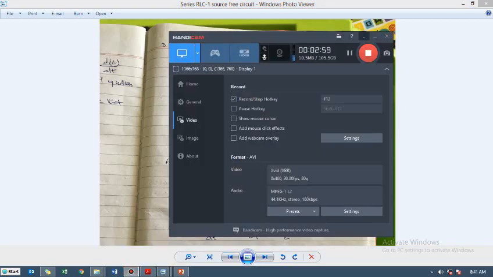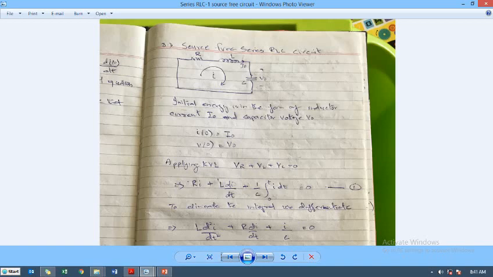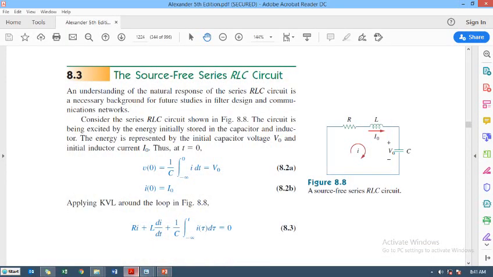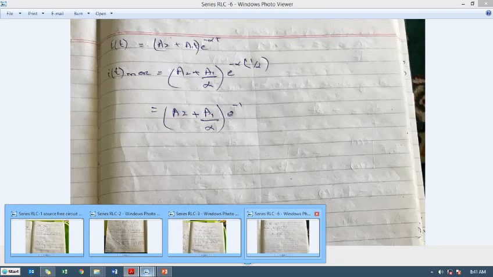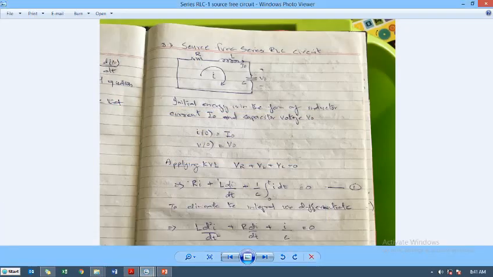And yes, I am recording it. Last time I had a mishap in lecture number 9. I paused it due to some interruption here at my home, and when I resumed, the Bandicam screen recording software just got stuck on the screen.